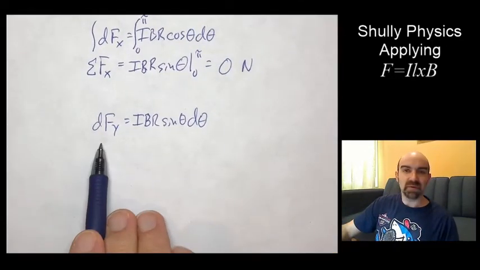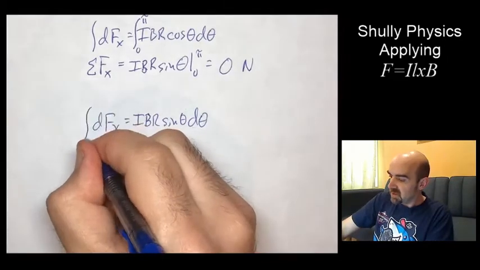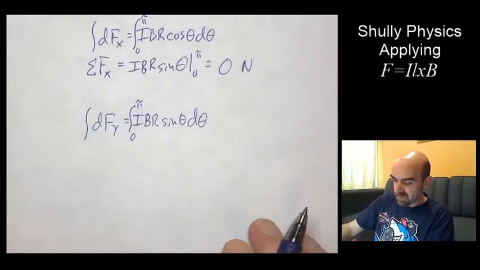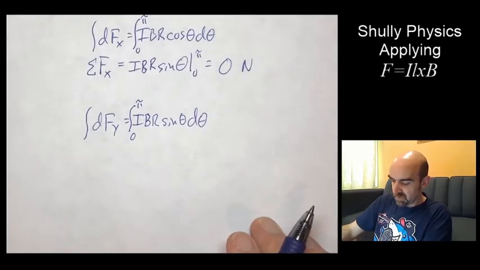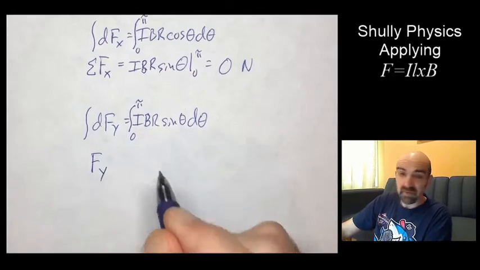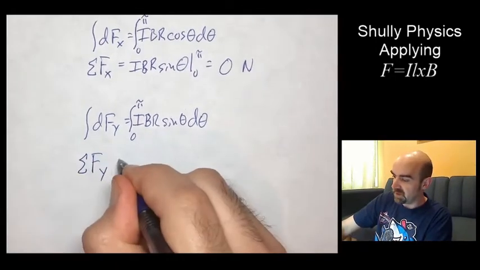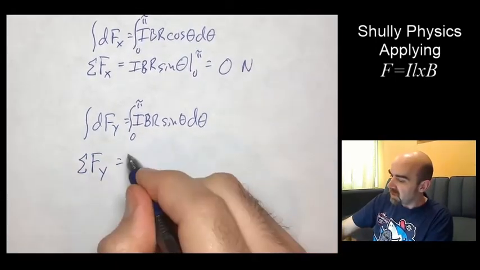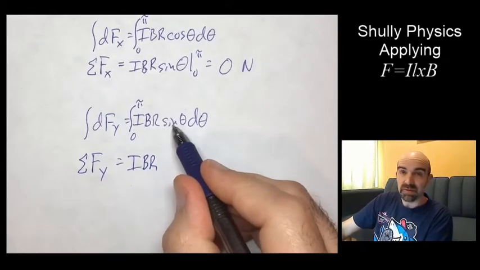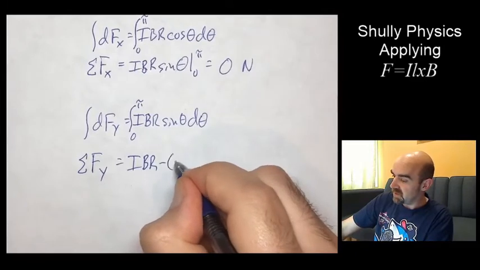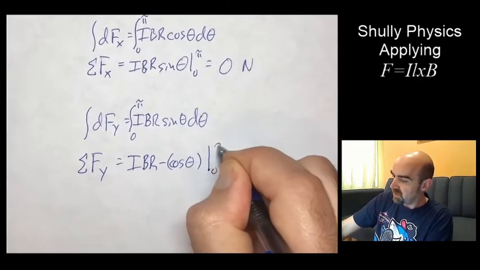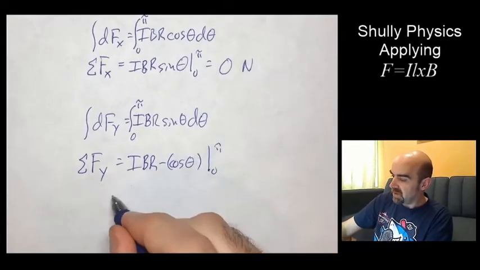How about the net force in the y direction? We're going to sum all that up, and we're also going to go from 0 to pi. All right, and so this will be our y force, sum of all the forces in the y direction. And we're going to have an I B R, and the integral of sine theta is negative cosine theta. We take that from 0 to pi.